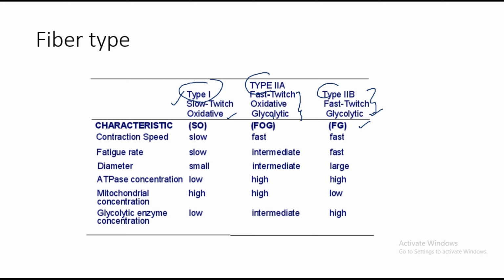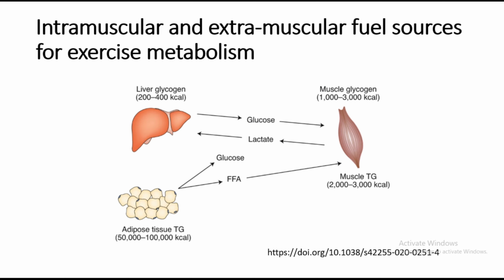Here these are the characteristics of each muscle fiber, each having specific features, and the intramuscular and extramuscular fuel sources for exercise metabolism. During exercise, the skeletal muscle usually depends on energy sources, particularly glucose and free fatty acids.